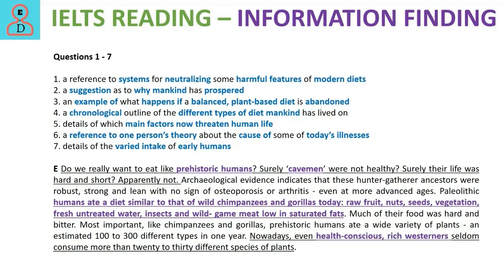Now, to make sure that paragraph E is our answer, we look at other highlighted keywords, which are "varied intake," which means a variety in the diet, mentioned in the middle part of the paragraph. So, we are sure that this paragraph is the answer for statement number 7.